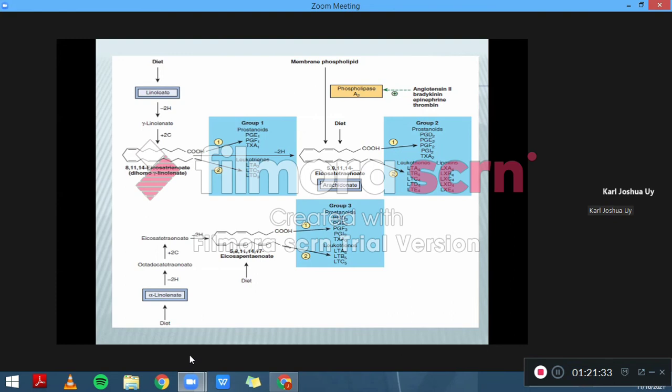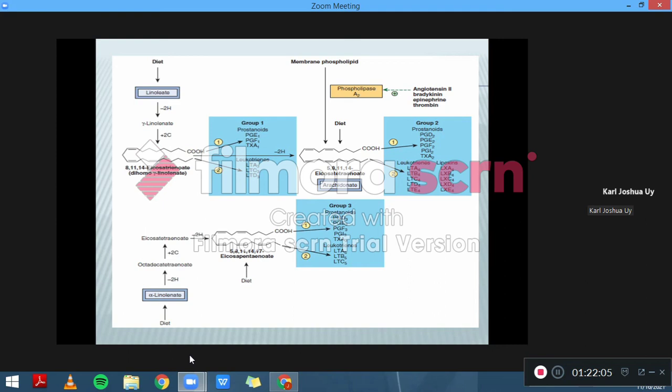I don't really know too much, I just know the diagram, but it says that you can obtain group 1 prostanoids and leukotrienes from your diet. And then the origin of your group 2 prostanoids, leukotrienes, and lipoxins are going to be from your membrane phospholipids. And then group 3 would also be from your diet. But group 2 can be obtained from your membrane phospholipids and your diet. So it has 2 origins.